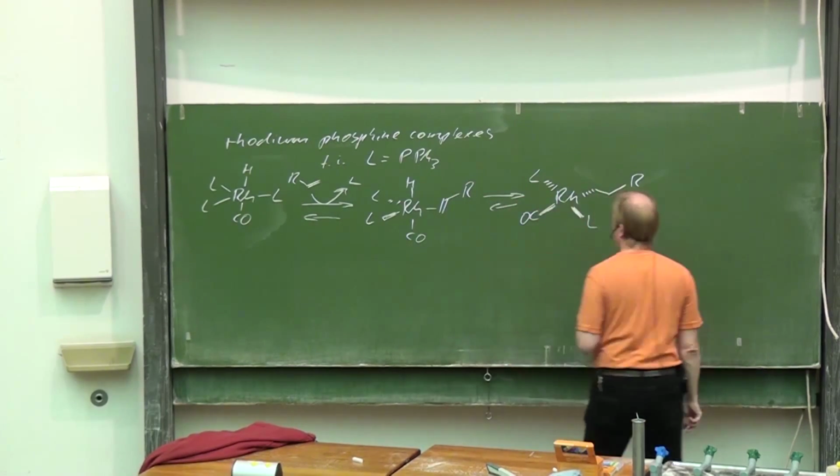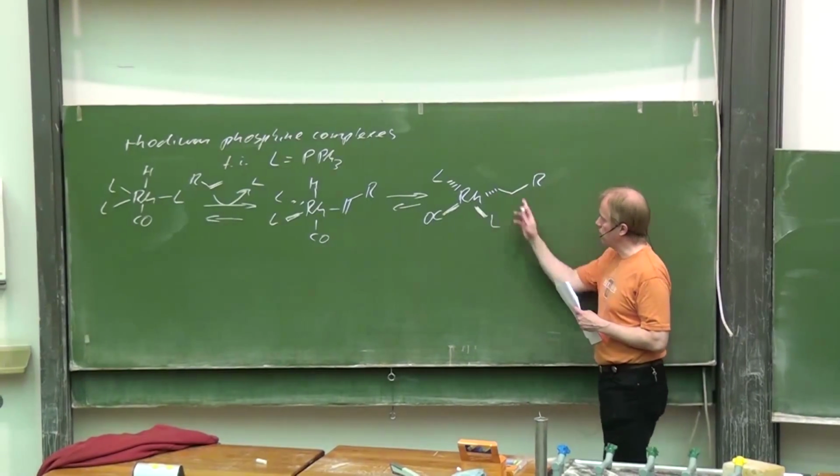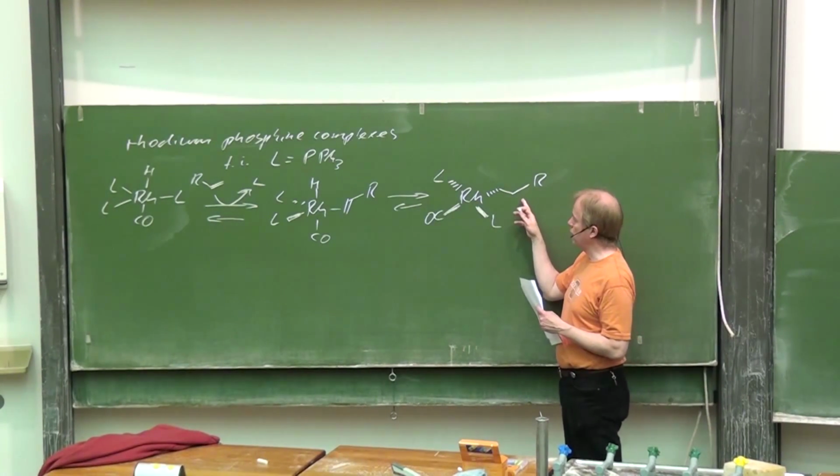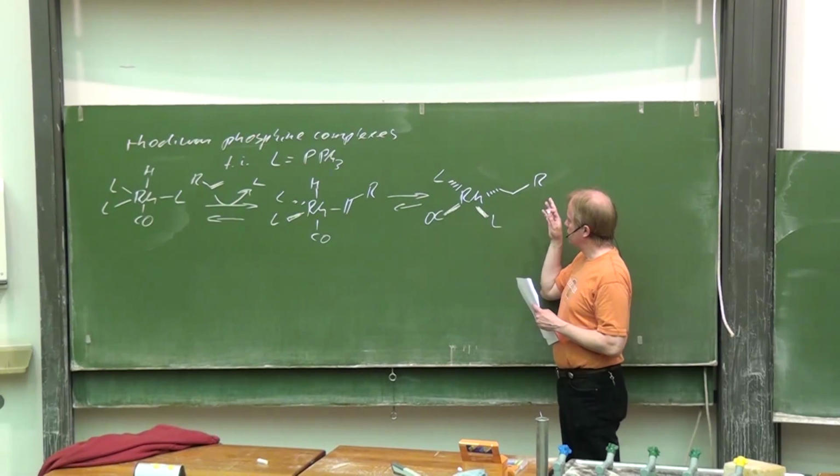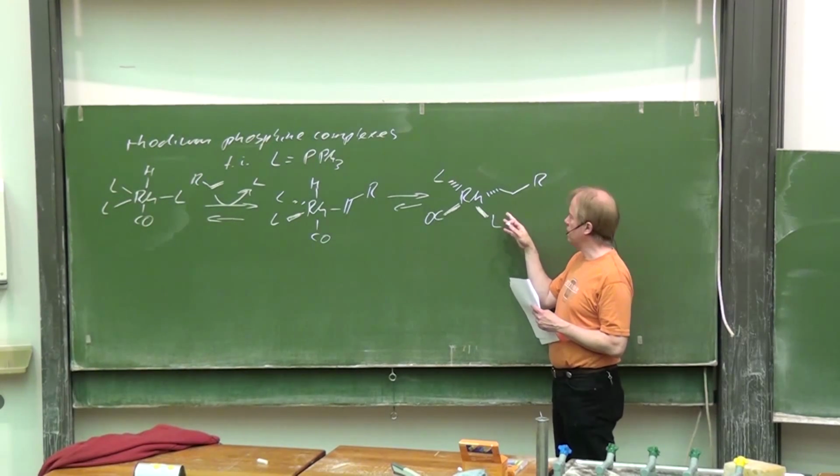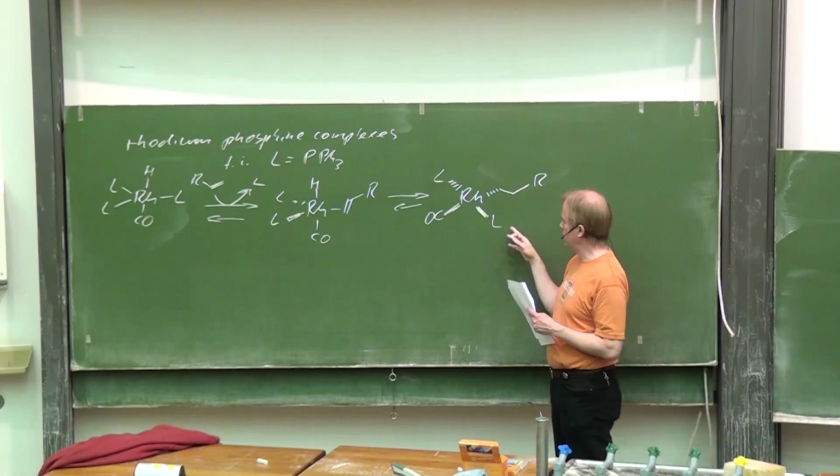We have a square planar rhodium complex as intermediate, and this is the example for going to the production of a linear aldehyde.